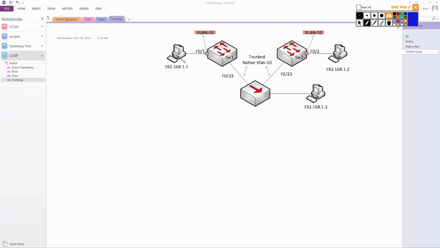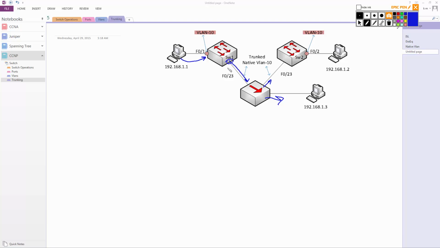So here's the test. As traffic is transiting into this switch, it's going to be put into VLAN 10. As this traffic comes across and hits this hub, now it's going to transit this trunk because this is a trunk link and it's a member of all VLANs. I've made no changes to the trunk, just the default settings. So as that traffic comes in this hub, that traffic is going to go in this direction and it's going to go in this direction. Now let's think about what happens with that.